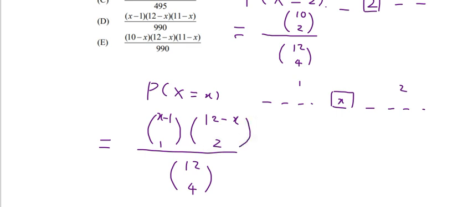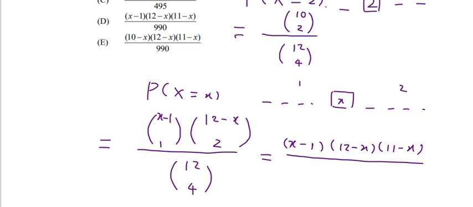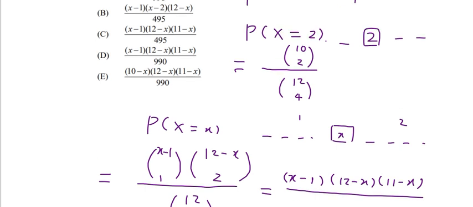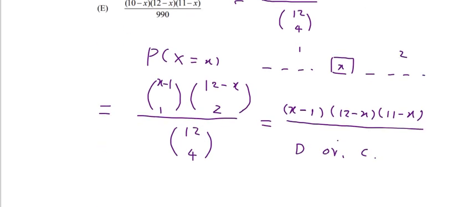So this is x minus 1 choose 1, and then 12 minus x choose 2, which gives 12 minus x times 11 minus x over 2, right? Divide by some constant, so we can check the answer is D or C. To determine D or C, we just do some calculation.